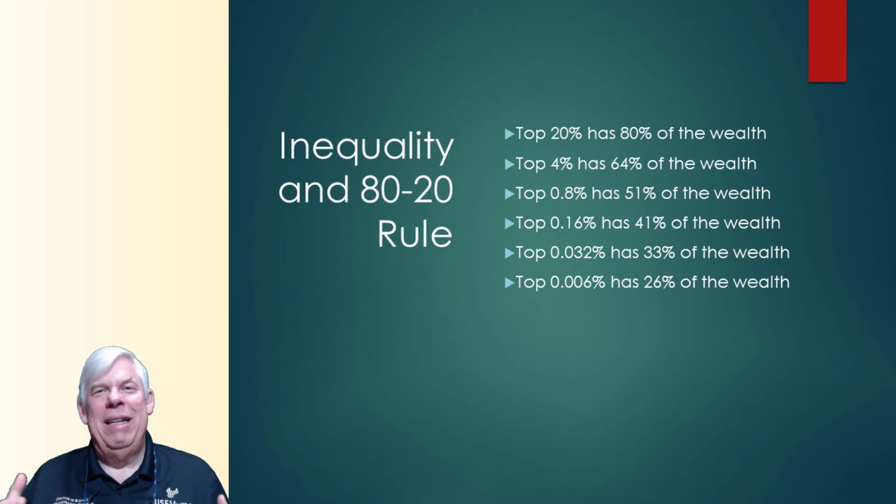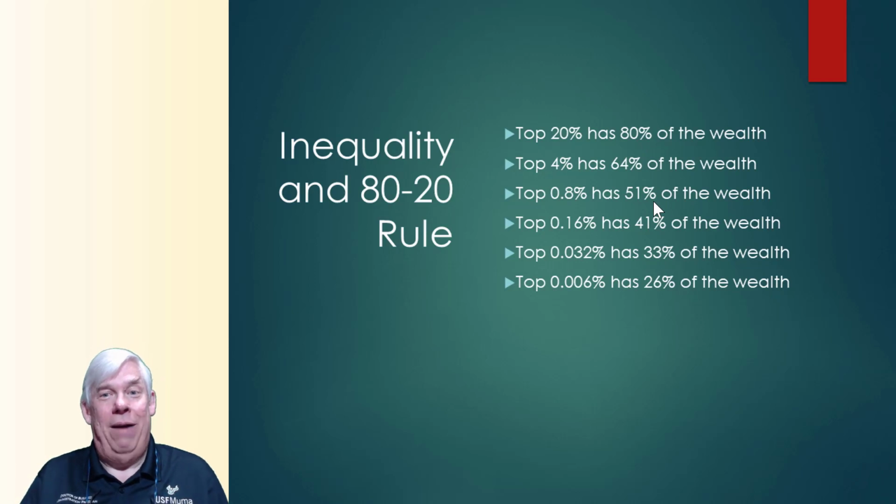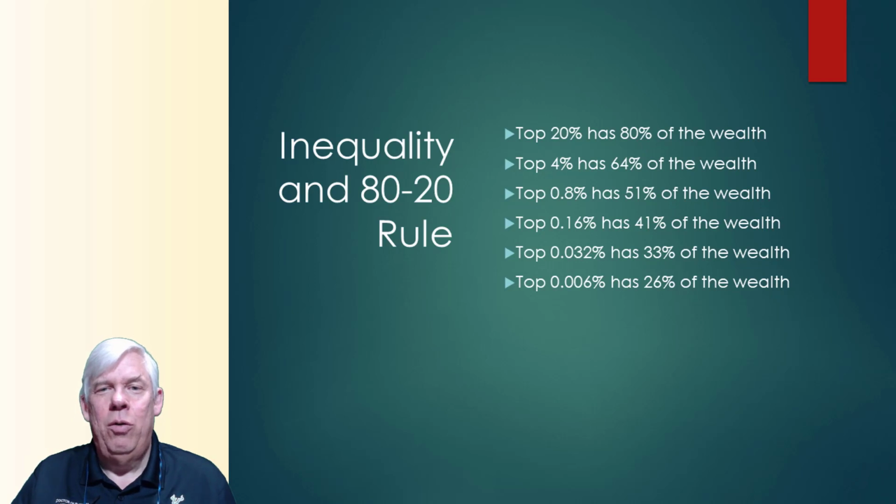Okay, that's unequal, but it doesn't sound that disastrous. But if you look within the top 20 and multiply it by 20%, the top 4% is going to have 80% of the 80, or 64% of the wealth. The top 0.8%, again, just doing the same multiplication, has 51% of the wealth. So the top 1% is going to have more than half the wealth, which is actually true across the globe.